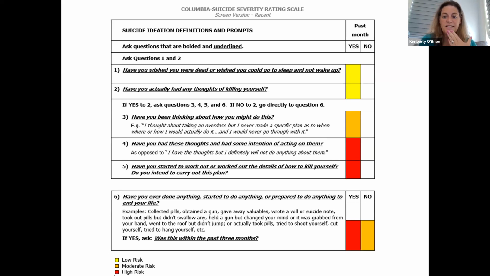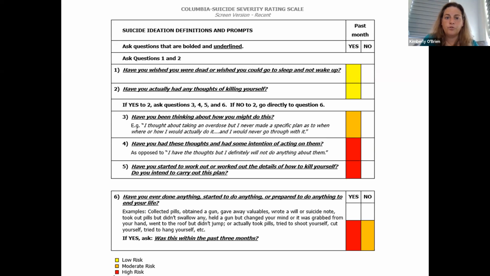And if they say yes, that indicates that there's a high risk, because what we know about risk factors for suicide is that any previous suicide attempt puts them at greater risk of a future attempt. It's a huge risk factor that we want to pay attention to, even if in the moment they're saying that they're not feeling suicidal.